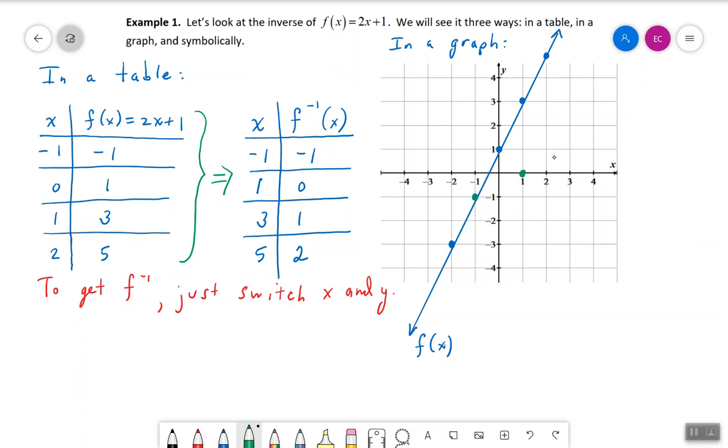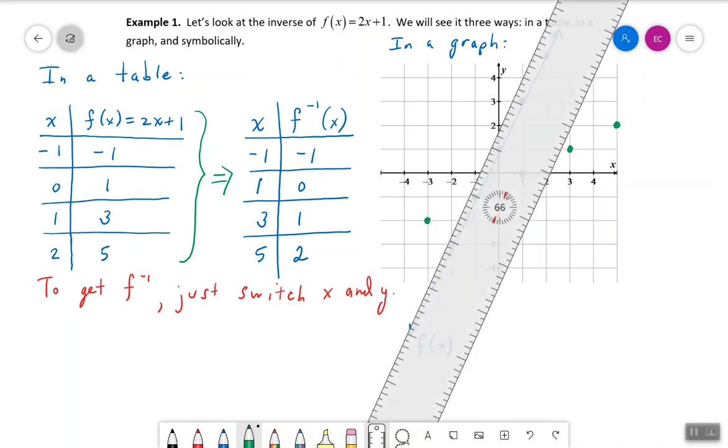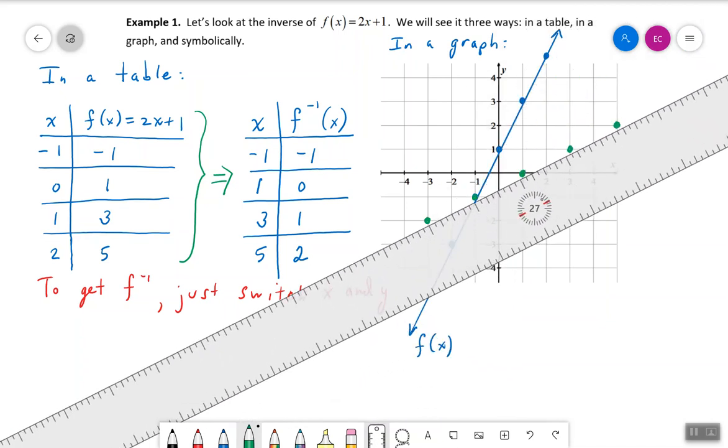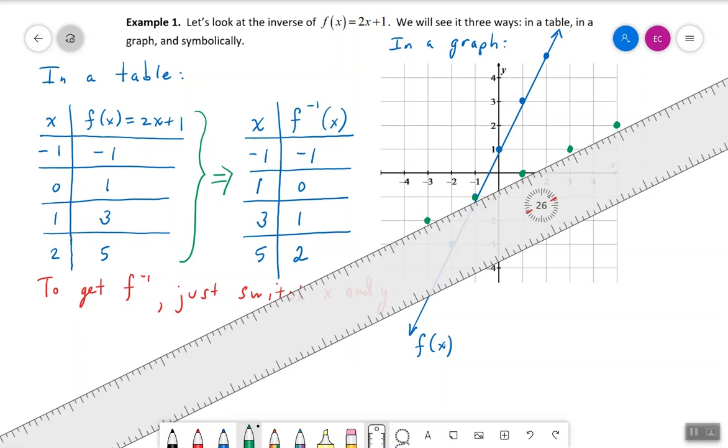And let's see here at 3, 1 and 5, 2. That is on the graph. And we could even go back out here to the left and find a point at -3, -2. Okay, and let's try to draw another nice straight line here through those points.